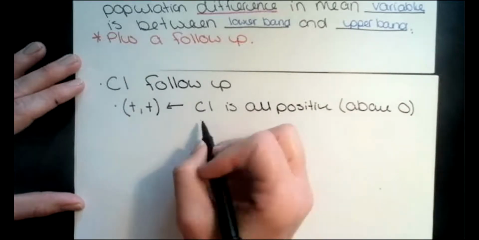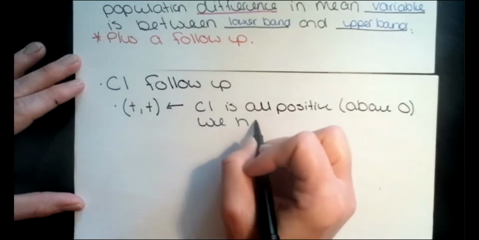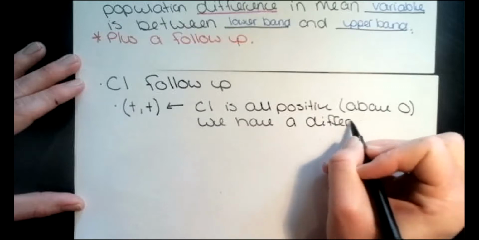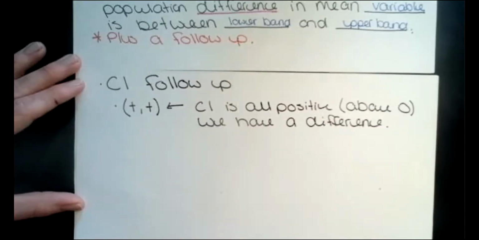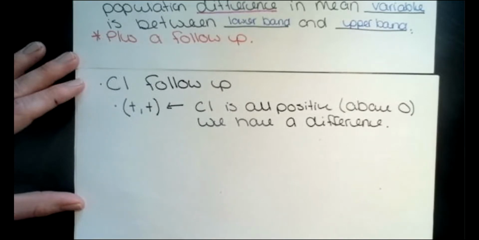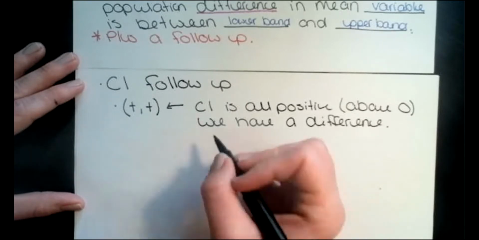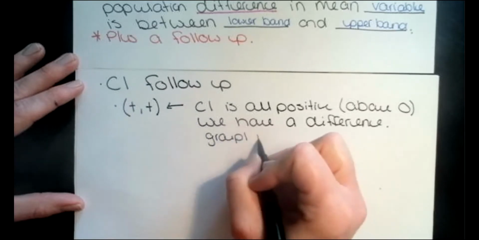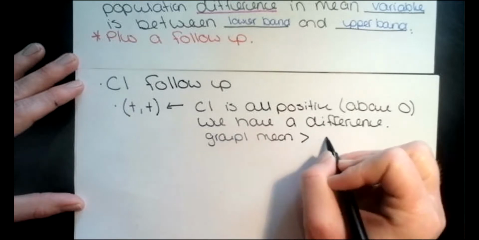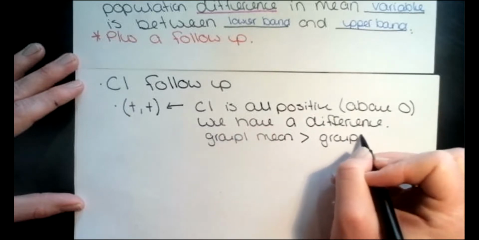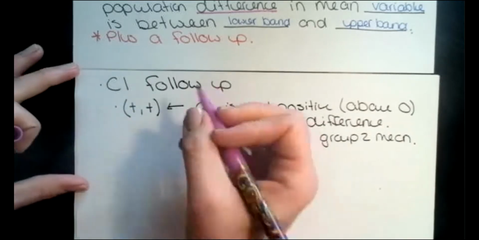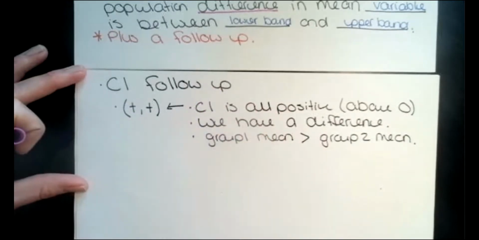Okay, so we have a difference. I say I'm not going to write it out, and here I am. We have a difference. And what this means, because the order of subtraction matters, is that group 1 is larger than the group 2 mean. That's what this means.